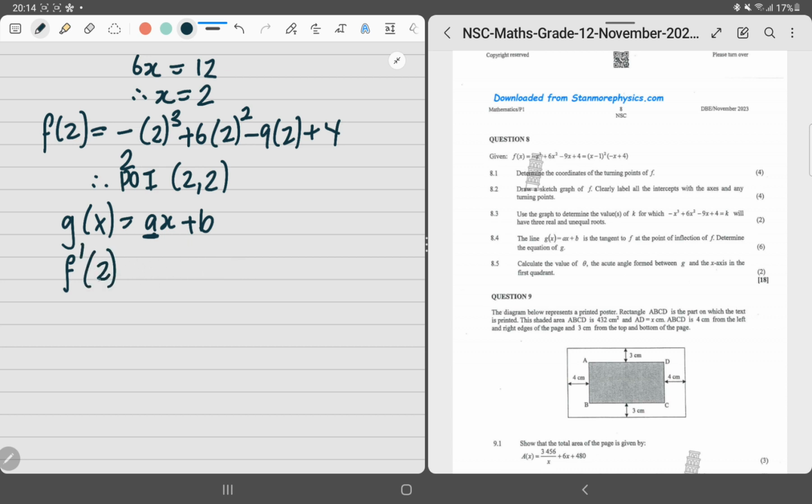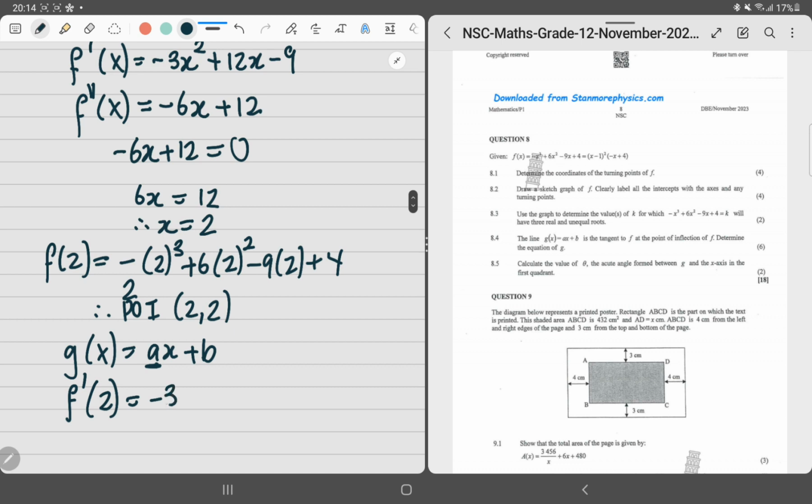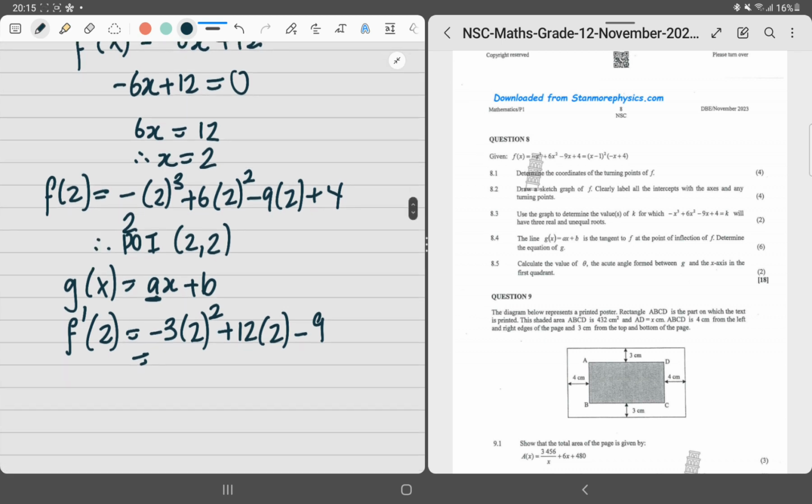So I need to find the gradient when x is equal to 2. So I'm getting a 3. So g of x should be equal to 3x plus b.